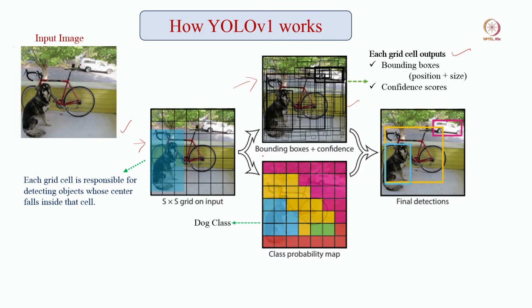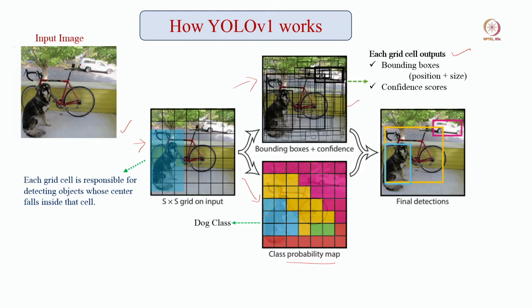Now, we look at this part, which is the class probability map. In this image, the dog portion has grids with blue color. The cycle portion is yellow, and there is a car in the background, which is pink, and the other portion is red.